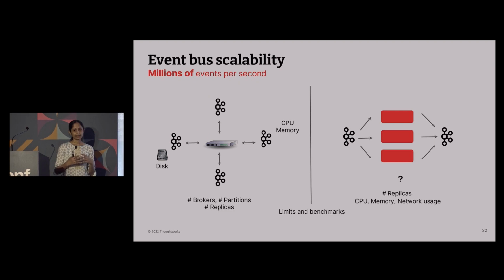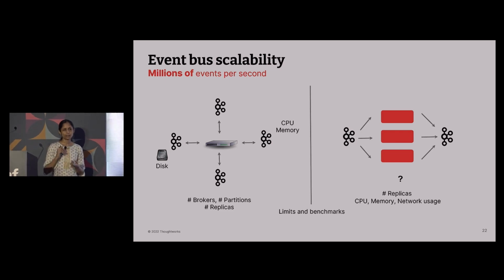And again, scaling any of these, be it a database, be it a service, or be it an event bus, scaling all of these systems requires that we understand what is the required throughput and what is the hardware requirement for it, right? CPU limitations, memory limitations, hard disk limitations, you may hit any one of these limitations.